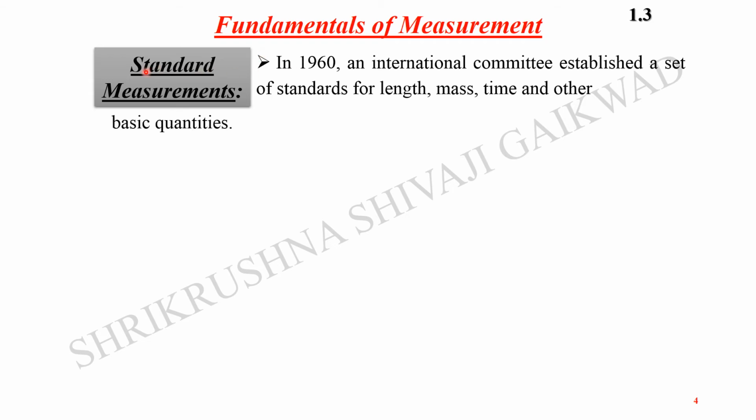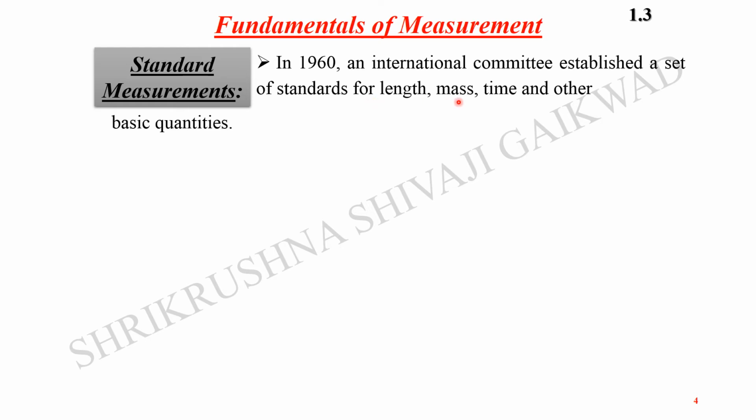Okay. Now the standard measurements. What standard measurements are there, and where are they? In 1960, an international committee established a set of standards for length, mass, time, and other basic quantities. Because before that, there was a discrepancy in the standards being used for comparison or calibration purposes.